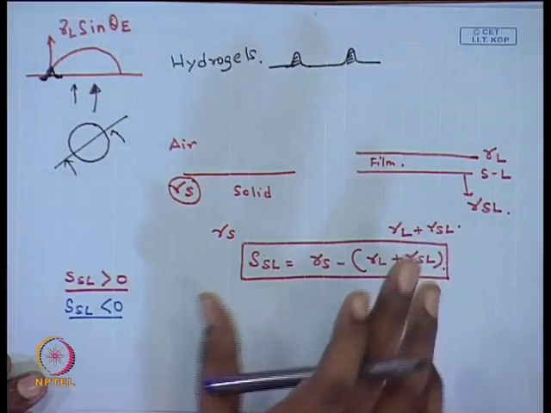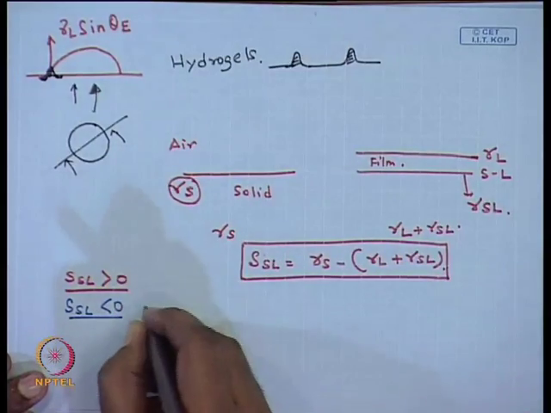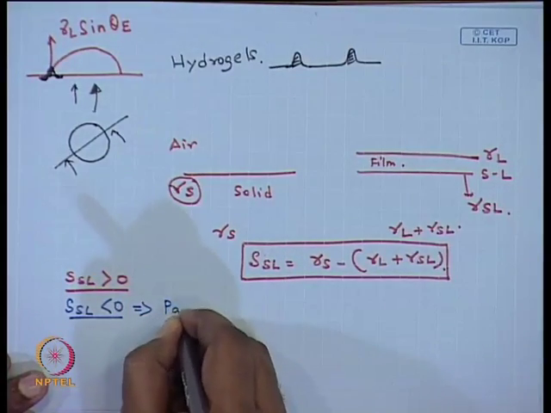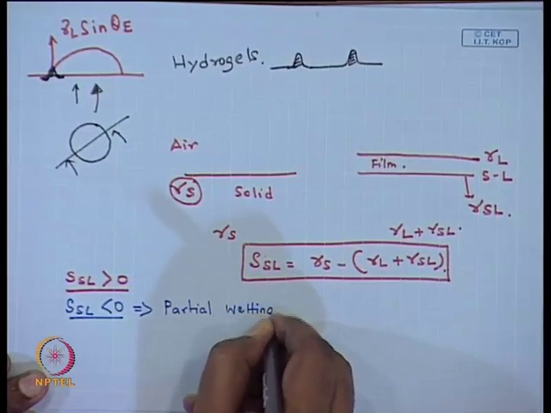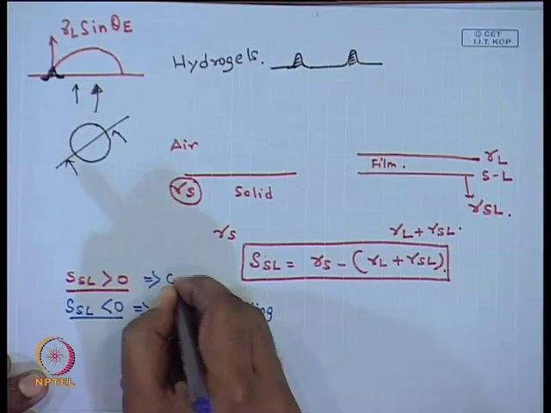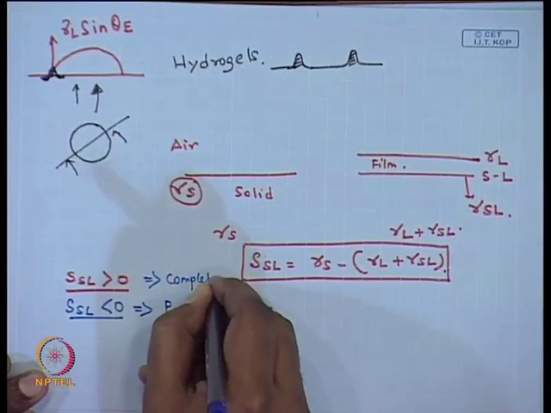So, in such a case the spreading of the liquid is not favored. The surface will prefer to remain bare rather than getting covered with the liquid fully and creating higher energy. So, this corresponds to a scenario where you have partial wetting, while the previous one corresponds to complete wetting.